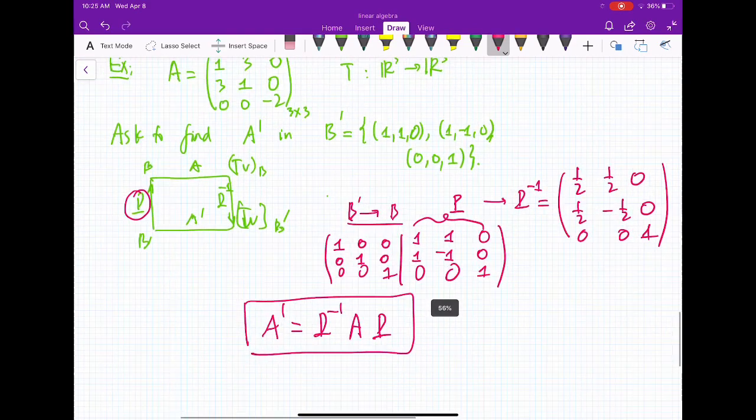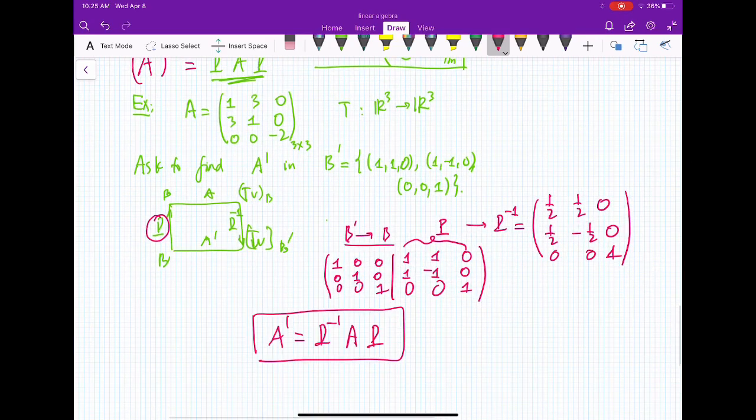That's it. Okay? So I hope that all the examples here are clear, and I mention again why similarity is one of the most important properties of mathematics. As we have seen, two similar matrices are just representations of the same linear transformation in different bases.